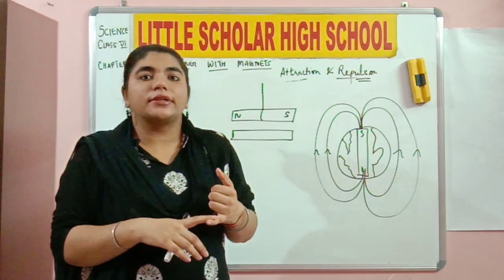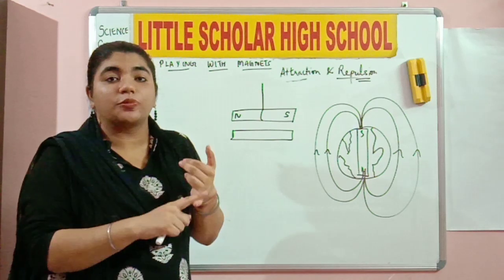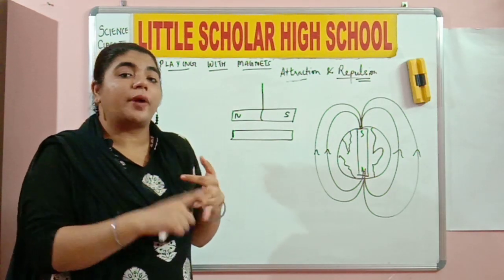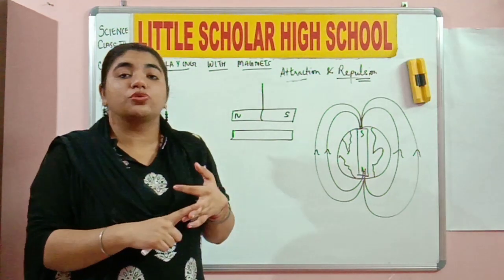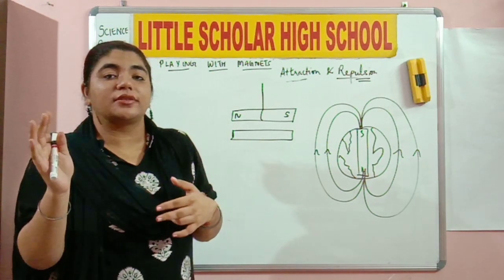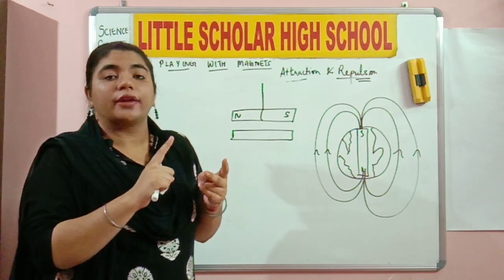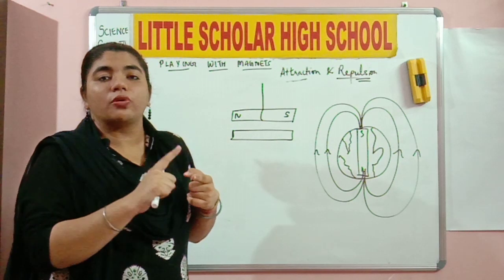And what else did we discuss, class? We discussed the properties of magnets: the directional property, and the attraction and repulsion property. We came across two very important statements that we need to remember as long as we study science: like poles repel and unlike poles attract. What do you mean by like poles repelling?